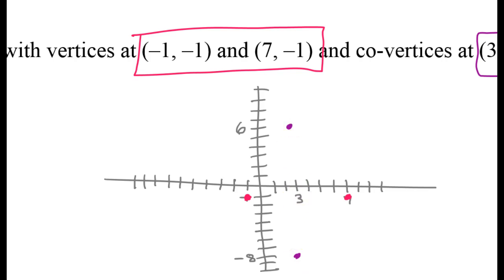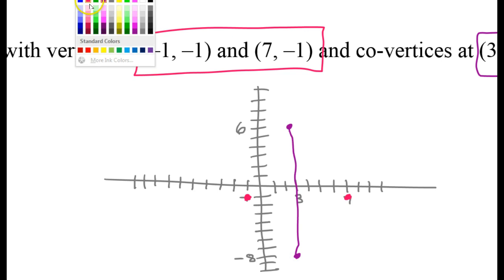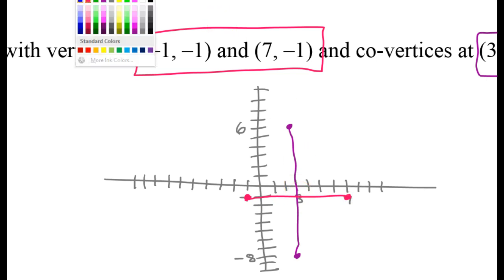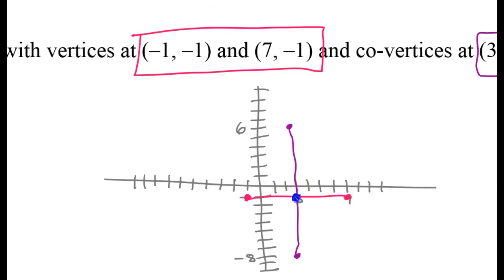So if you imagine the segment connecting the covertices and the segment connecting the vertices, they are going to intersect right here at the center. So hopefully you can visualize that the center is going to be 3 comma negative 1. All right? This is over 3 to the right and down 1.